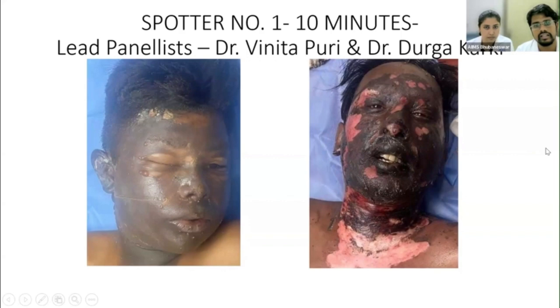If he requires, we look for signs of inhalational injury, ma'am. It will be singeing of nasal hair, singeing of the eyebrows, soot particles in the face and oral cavity, and frontal hair singeing, ma'am. Then general consciousness of the patient.